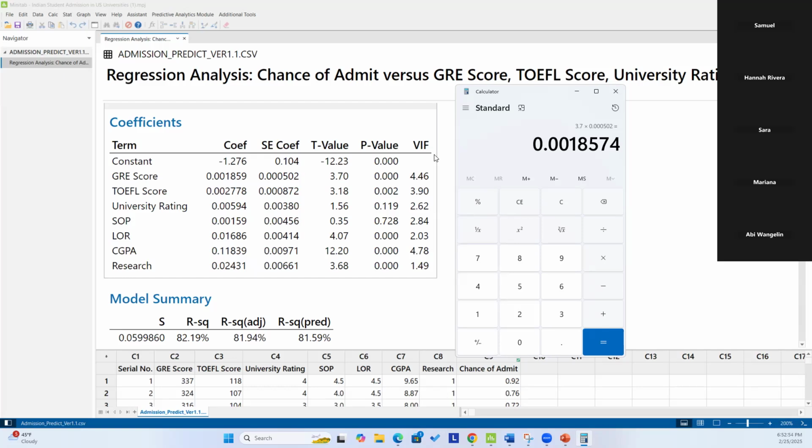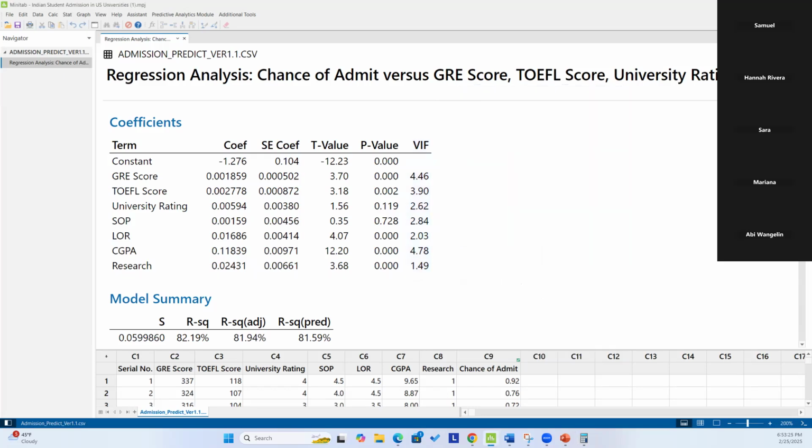Researchers always avoid multicollinearity, and we check it based on VIF. If VIF is up to 2, no problem. Up to 5 is also no problem. But when VIF is more than this, more than 10 or so, it is called multicollinearity. And we can also see how we can check it, but here I would like to show you.